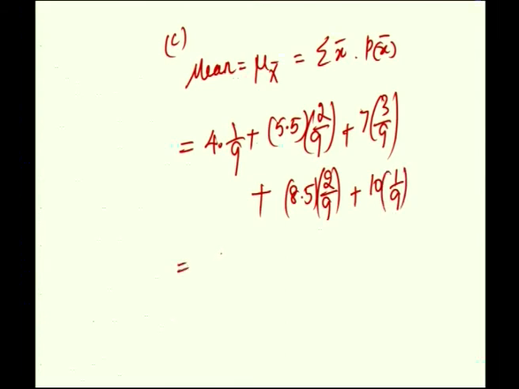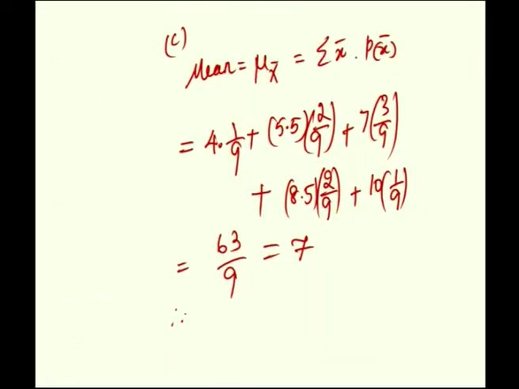What is this total? Total is 63 by 9, which is equal to 7. Just recall, we have calculated the population mean mu as 7 and this value is also 7. Therefore, comparing, we see mu x bar is equal to mu is equal to 7.